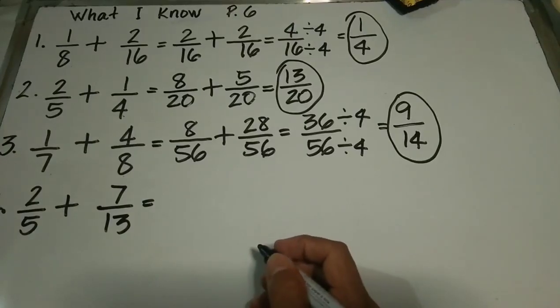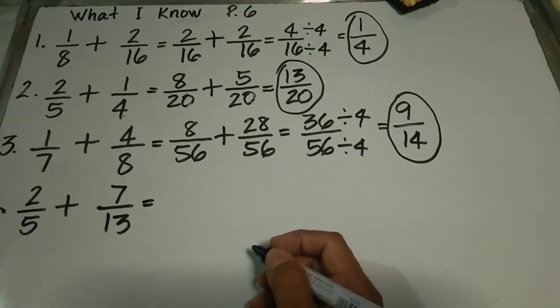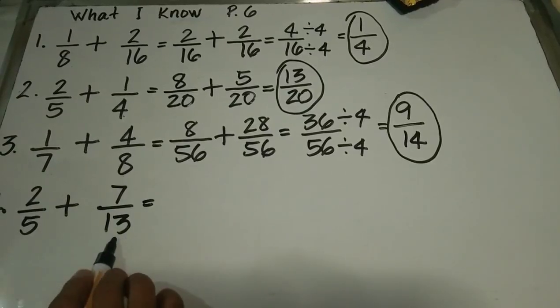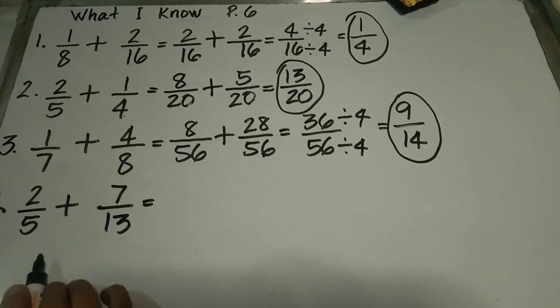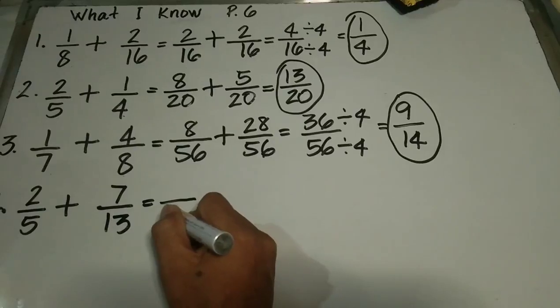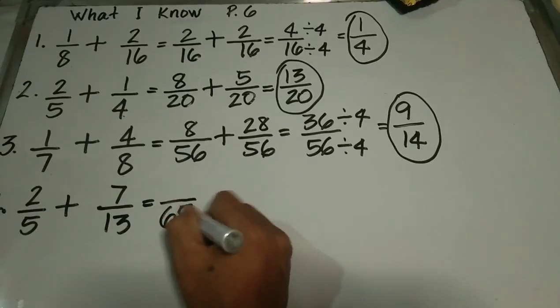Number 4, 2/5 plus 7/13. Okay, the two denominators are what we call prime numbers. When your denominators are all prime numbers, you multiply them right away to get your LCD. So 5 times 13 will give you 65.